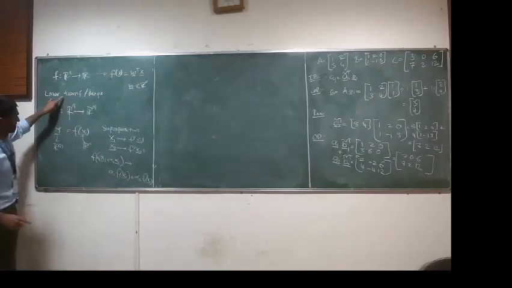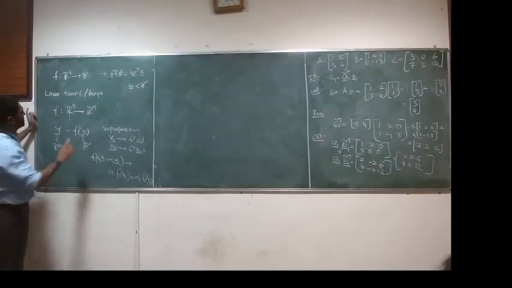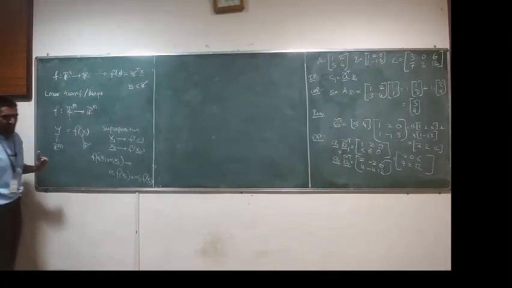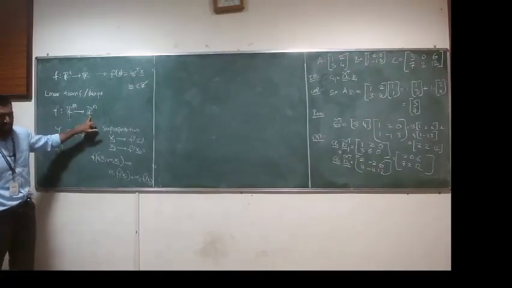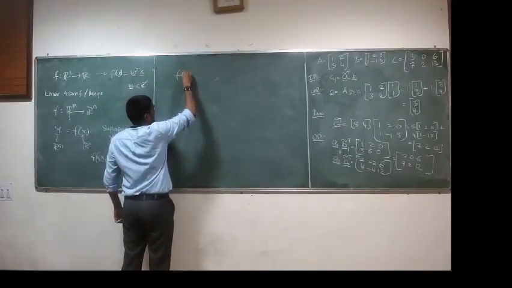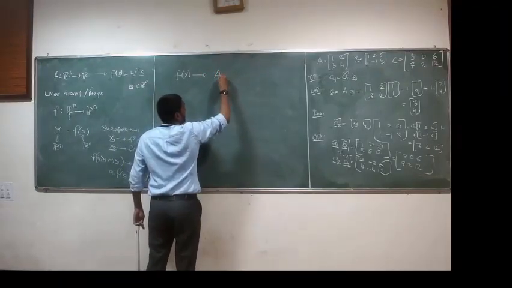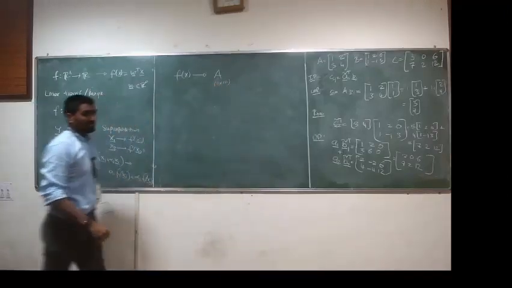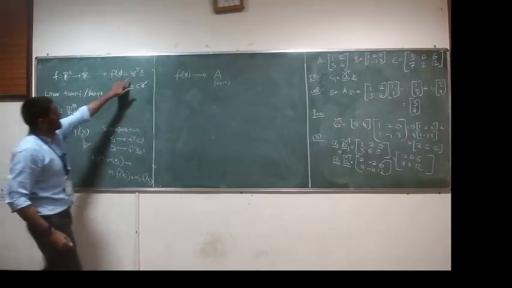Any linear transformation from Rm to Rn can be represented by an n cross m matrix. Similar to what we had here.